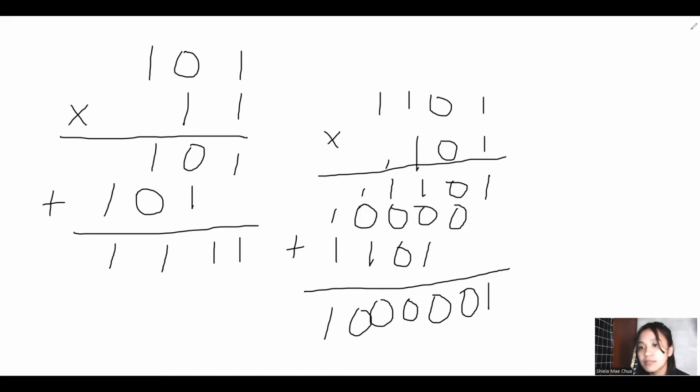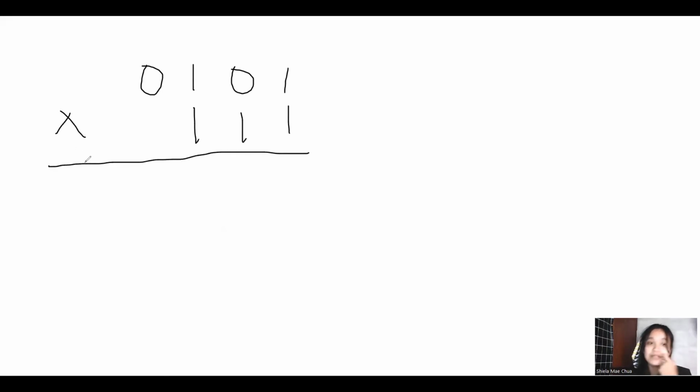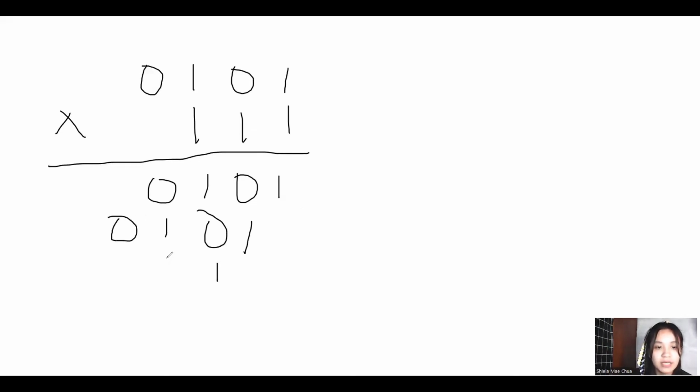I will give you more examples of binary multiplication. We have 0101 times 111. Basically, for an easy calculation, we just copy 0101 because it's all 1s here. So also the 1010 and also the 1010.